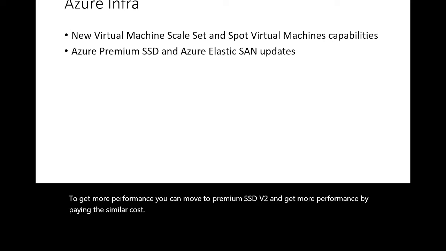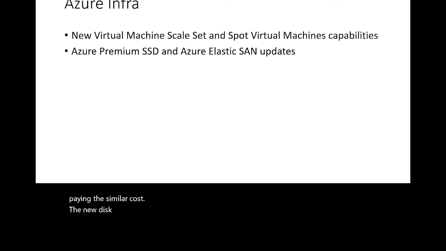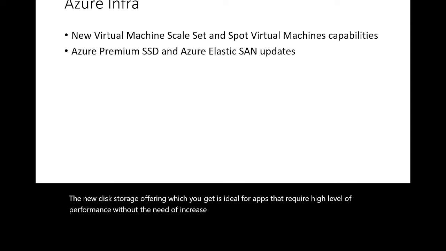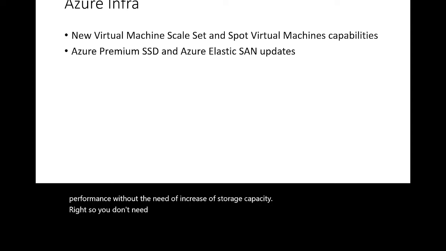The new disk storage offering is ideal for apps that require a high level of performance without the need for an increase in storage capacity, right? So you don't need to maximize or use the other tier, just use this.